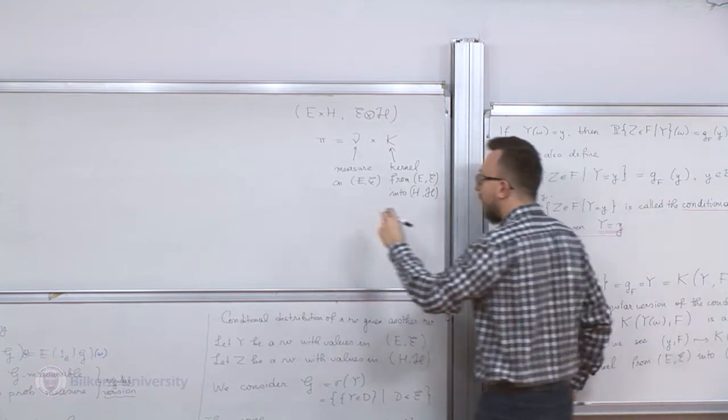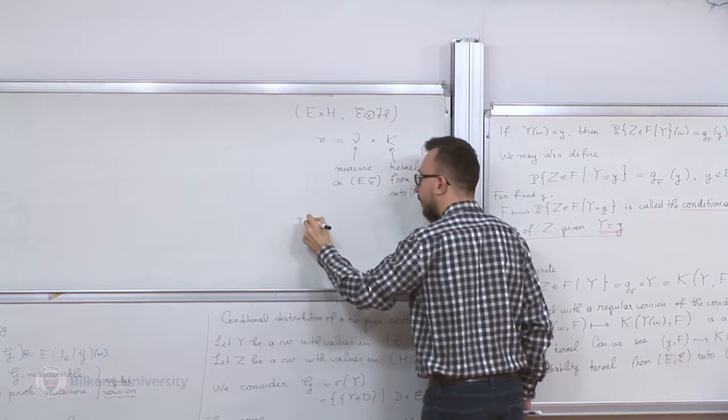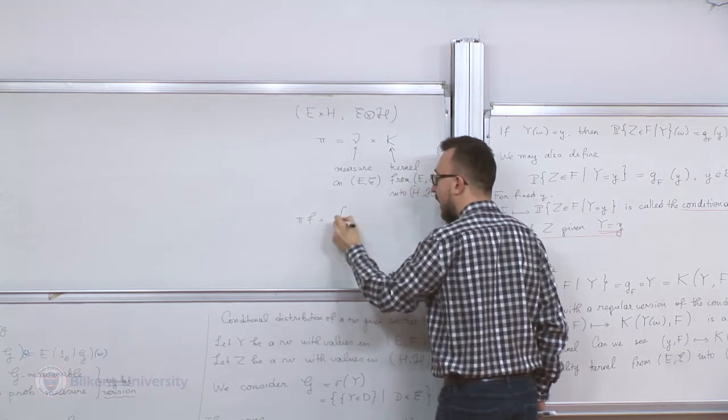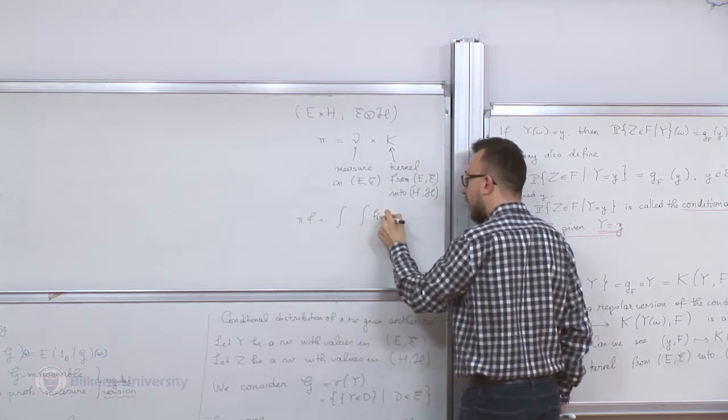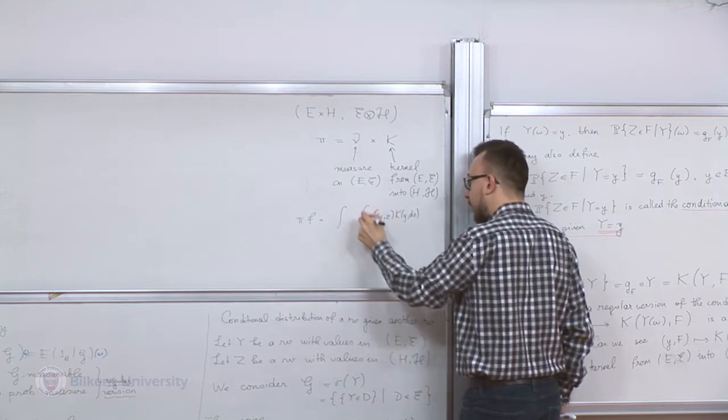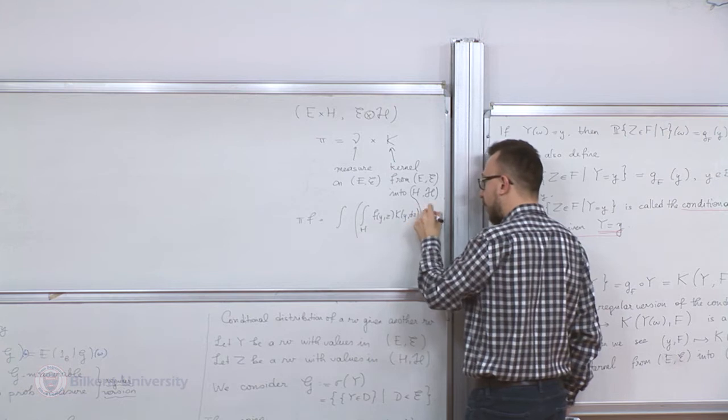And the meaning of that was, well, if you need to integrate a function with respect to pi, you look at K_y(dz), you integrate over H, and then you integrate over E.